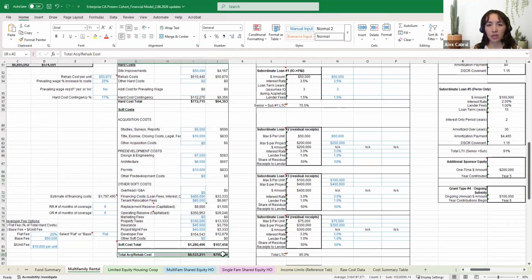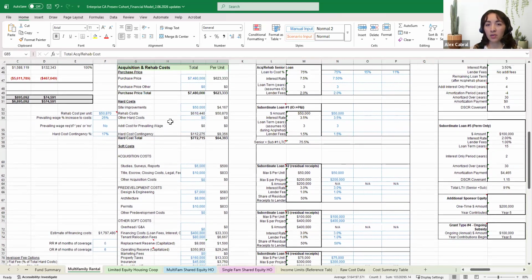And here we have the total at the bottom. Once again, you're going to fill in the blue cells. And as I mentioned, if you're not sure what to put in these cells, you can always reference the raw cost data or the cost summary table to give you a sense of what should go here.